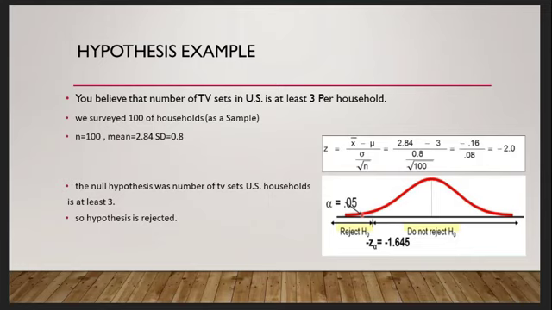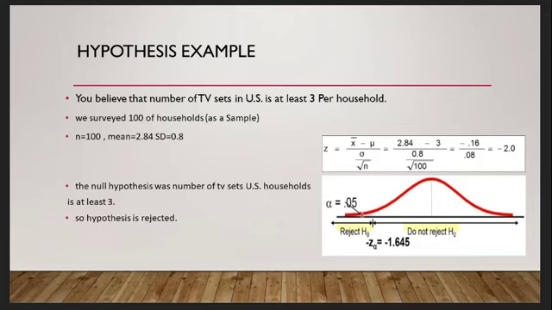Now compute the statistics. Your assumption was United States households hold greater than or equal to 3, but the data collected showed it's only 2.84, which is lower than 3, but is it significantly lower than 3? That's what you have to check. We have 2.84, so how far is the observation from your expected value?